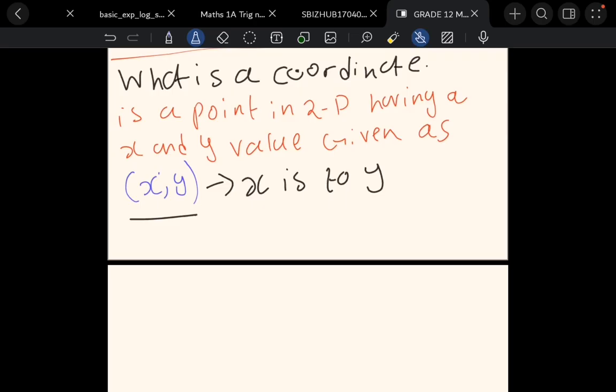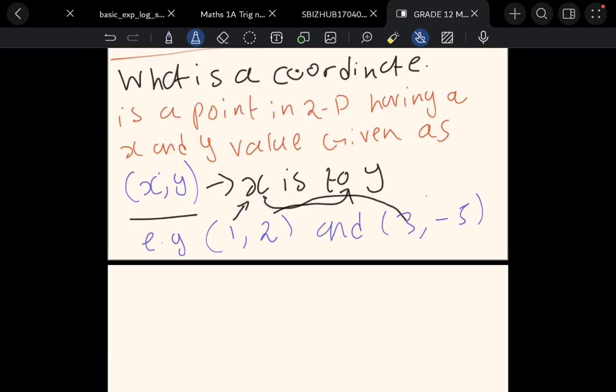For example, (1, 2) and (3, -5). These are coordinates. This is the x value, this is the y value. This x value here is positive, this y value here is negative.